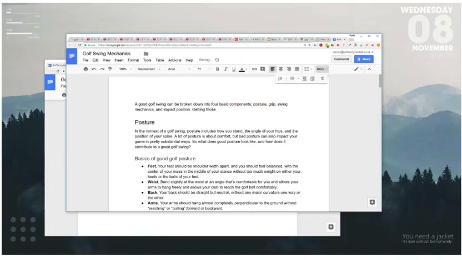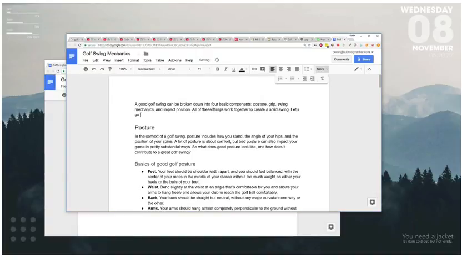All of these things work together to create a solid swing. Let's go into each in detail, and now this is all user experience.